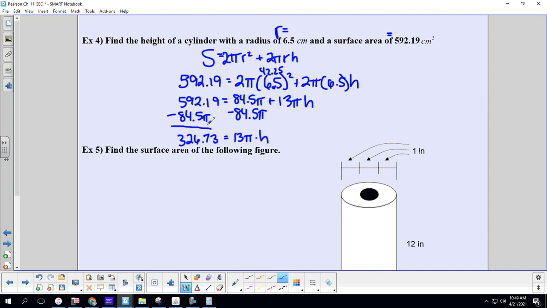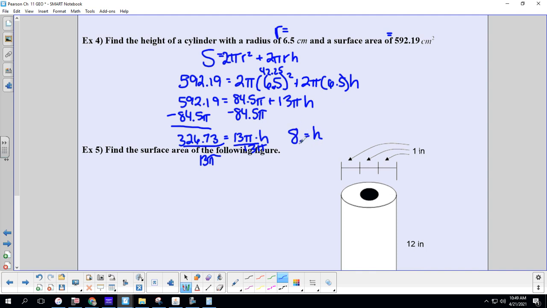And then I'm going to divide both sides by 13 pi. Sorry, my board management is terrible today. Okay, so leaving it in my calculator, dividing by parenthesis 13 times pi, equals 8.